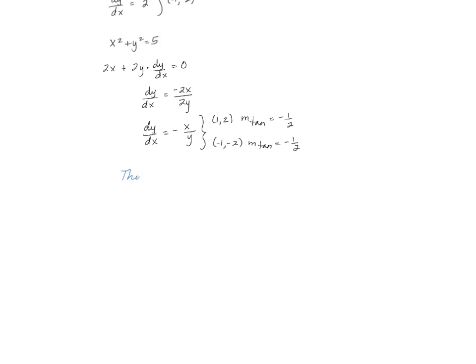So thus, I have to make some sort of conclusion after all this work, the curves are orthogonal. Okay, so that's it for this section. Again, like with the chain rule, implicit differentiation is something that you just need to practice.